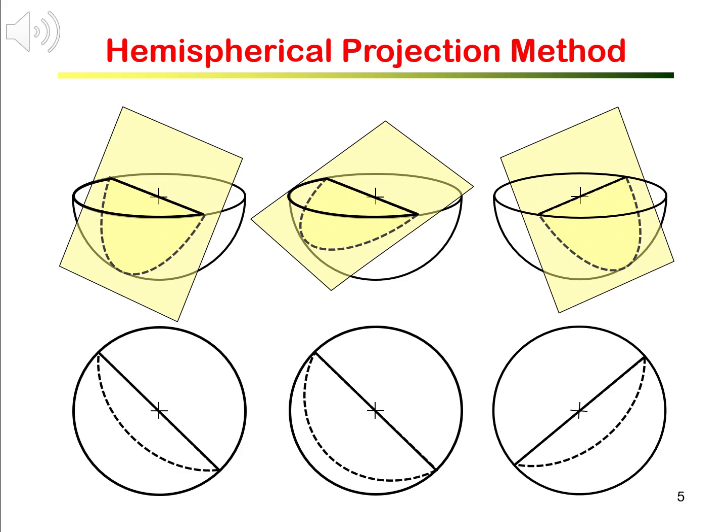Let us continue with more examples on inclined planes. When an inclined plane cuts through the hemisphere, it again leaves a semicircular trace line on the side of the hemisphere, on the side of the plane dipping towards. If you project this semicircle to the horizontal plane, you expect an arc, shown by the dotted arc curve here.